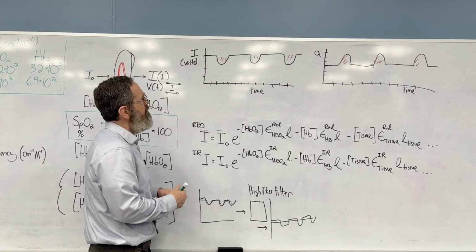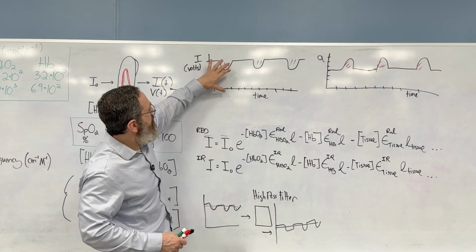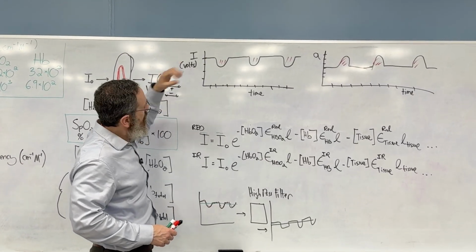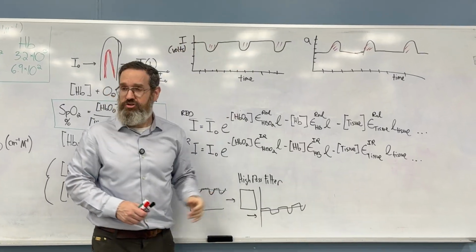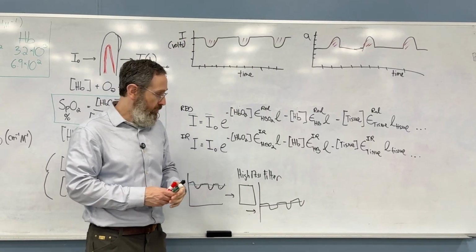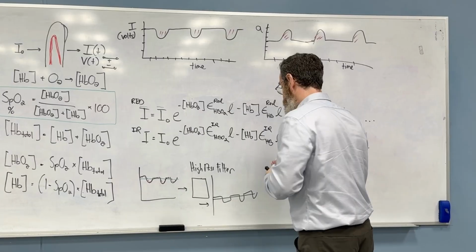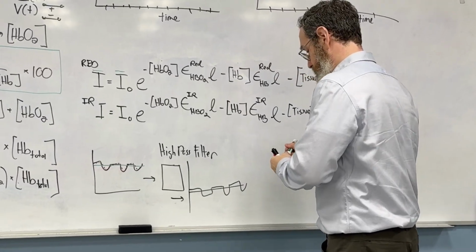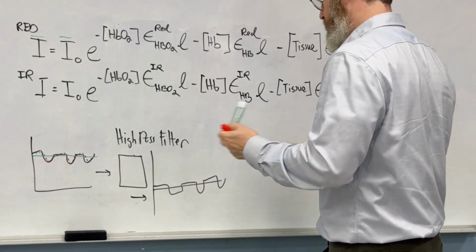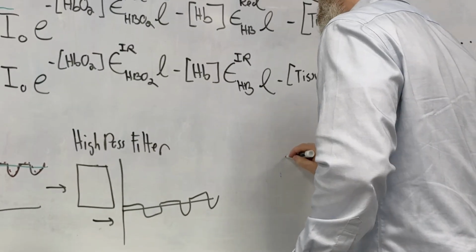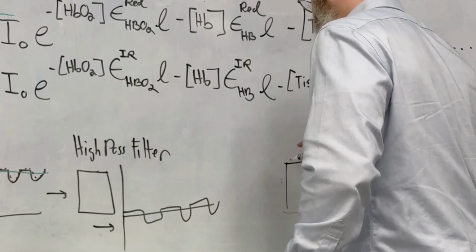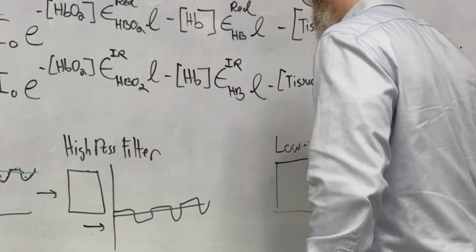Now, what about the other way around? What if I just wanted to take the part that didn't change? Well, I would use another box, and that box is called a low-pass filter.